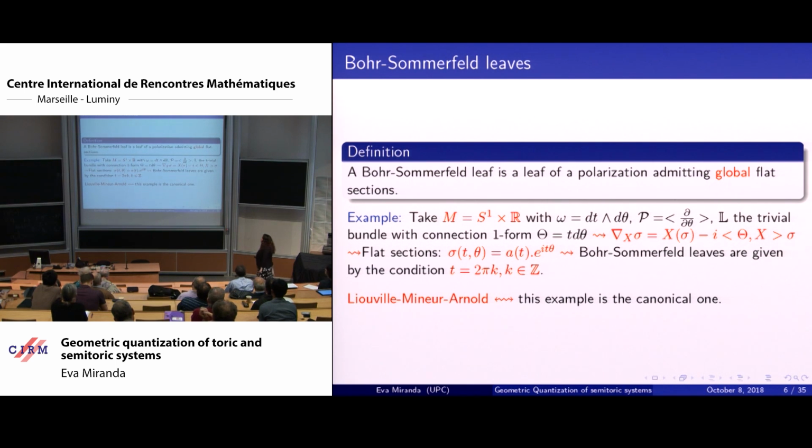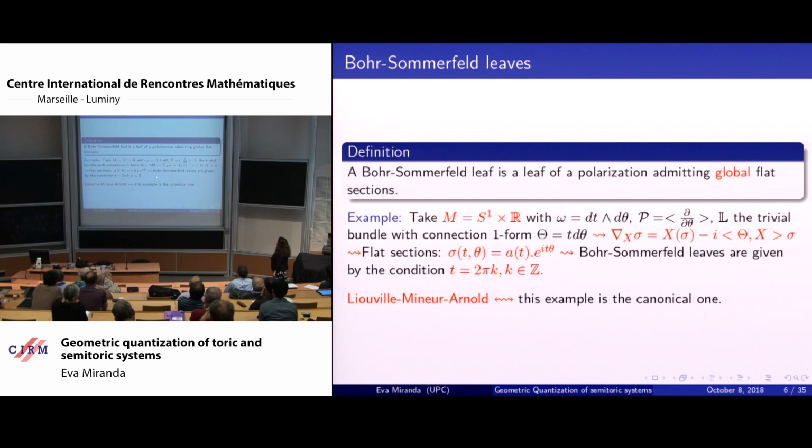Okay? So the polarization here is described in these terms. Here we have an example in which I can look at it as the fibers of T, or I can look at it as the span of partial of theta. In this particular example, these two foliations coincide, okay?